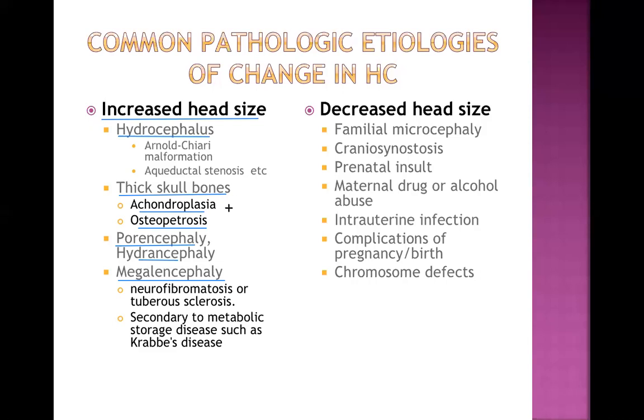Whenever we talk about growth of a long bone, towards the end of the long bone there is the epiphyseal plate of cartilage. If that epiphyseal plate of cartilage doesn't develop properly, then bone cannot grow. The height of that person will be very short, and this is known as achondroplasia. Along with the short height, the skull bone also becomes thicker in that person.